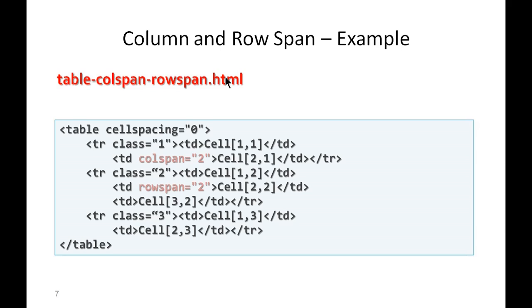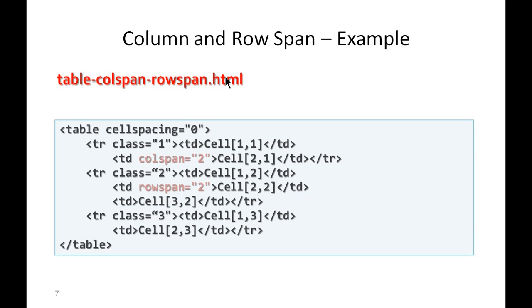The td rowspan equal to 2 applies to cell 2 comma 2, which will be occupying two rows. Then td cell 3 2 slash td, slash tr, closing the row tag. Then tr class 3, td cell 1 3 slash td, td cell 2 3 slash td.